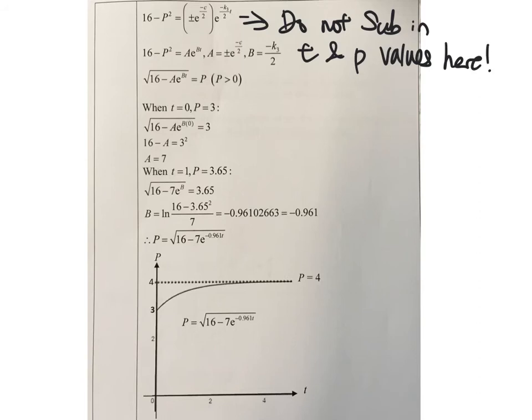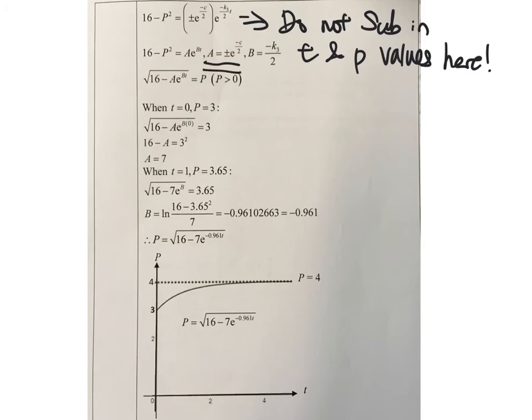You will have to again solve, and you will find that there's no solution for one of the t and p values.